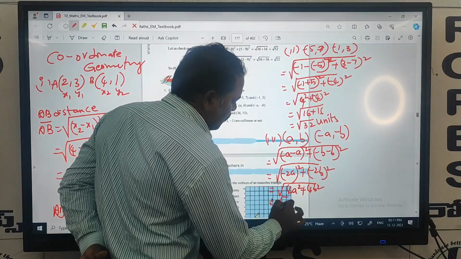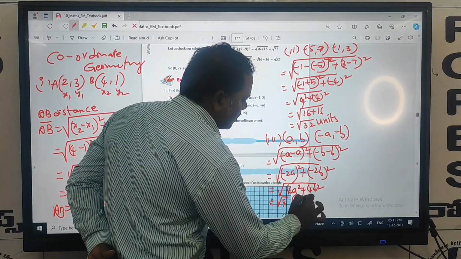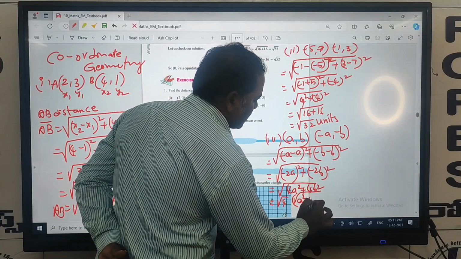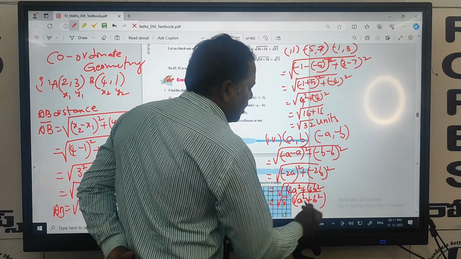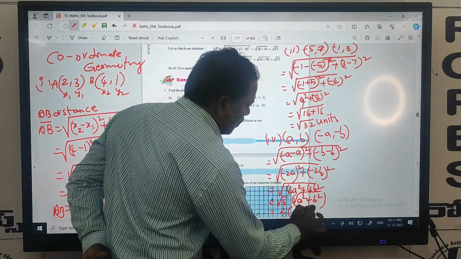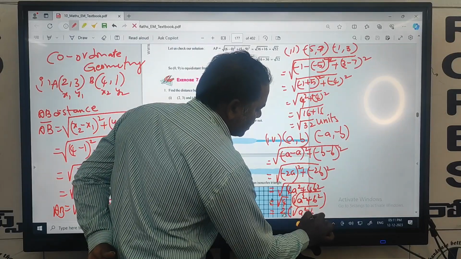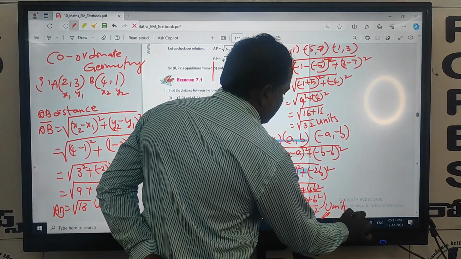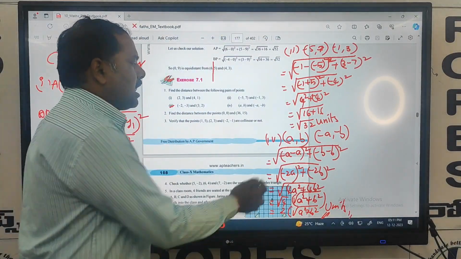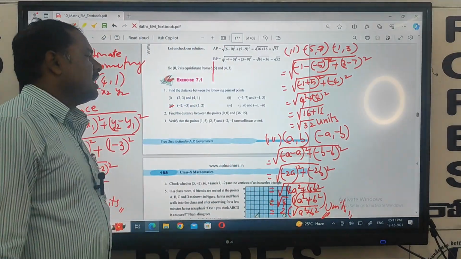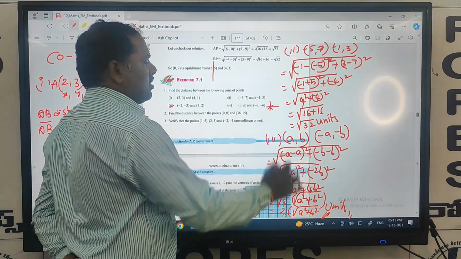That is root 4 into (A square plus B square). The square root of 4 is 2, so 2 into root of A square plus B square units. This is the distance between (A, B) and (minus A, minus B). This is the way to find the distance between two points. It is important.